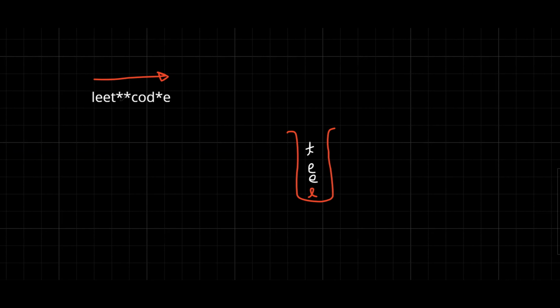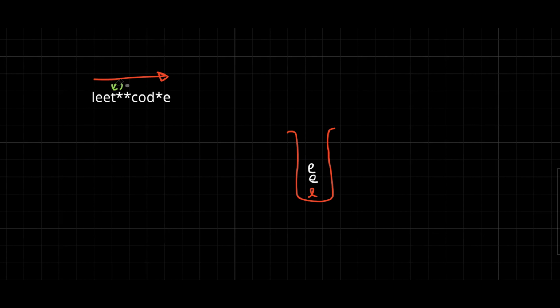Now we have found 1 star. According to the problem definition, if we find 1 star, we have to remove the recent non-star element from the left. So we have to remove the element T. That means we pop the element T from the stack.